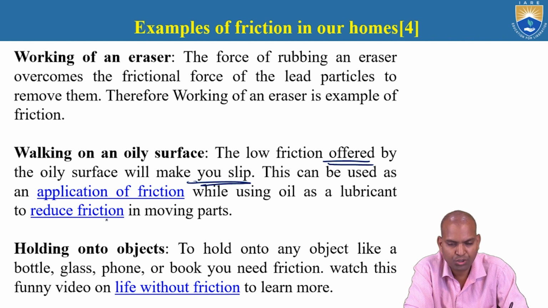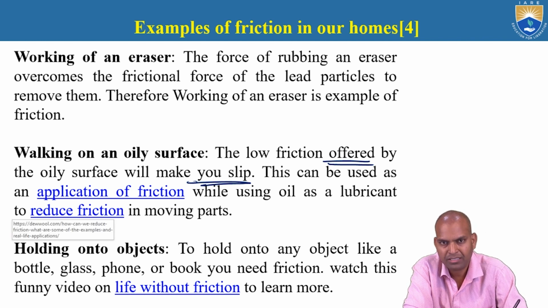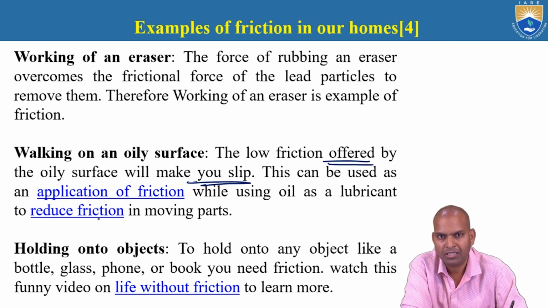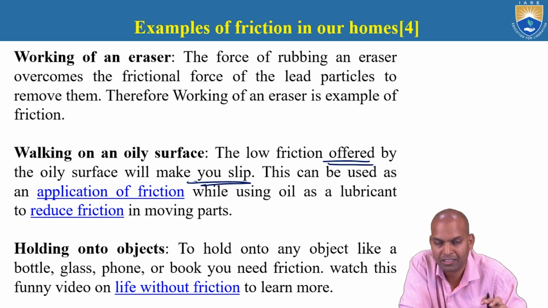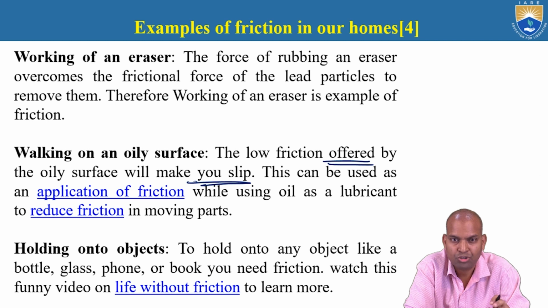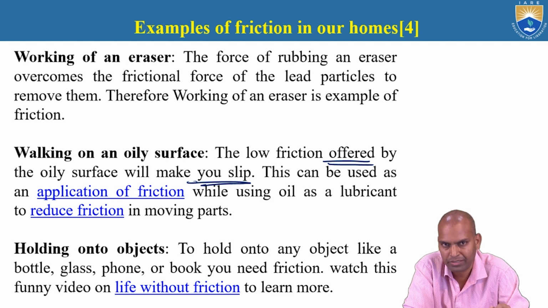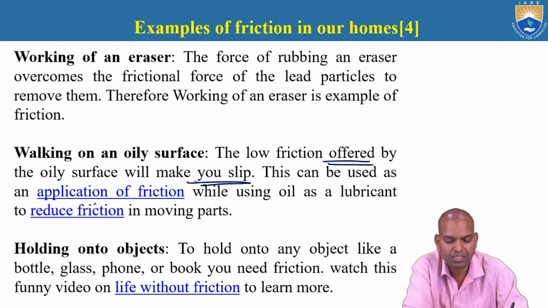Why reduce the friction between moving parts? If there is no lubricating oil between the rotating parts, what will happen? Generation of heat takes place because of the continuous rubbing. That causes more heat generation and leads to wear and tear of the two surfaces. That's why, to reduce the heat generation and the friction between the two surfaces, we use lubrication oil.